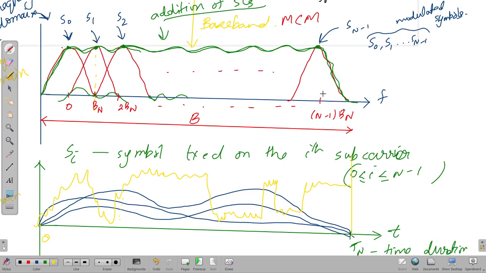that this whole system is limited to bandwidth B, right?